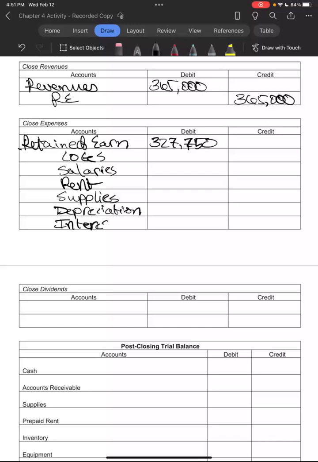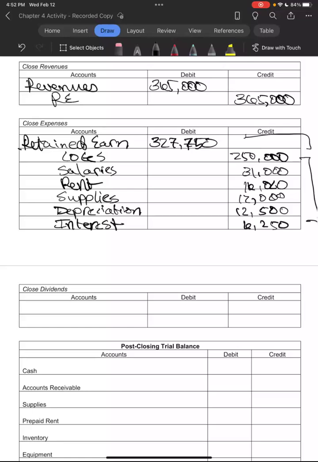Okay. So all you do now is you just fill in those amounts. So 250,000 for cost of goods sold, 31,000, 16,000, 12,000, 12,500, and 6,250. If we add all of these up, they equal that amount right there.